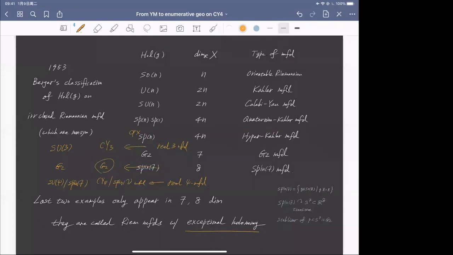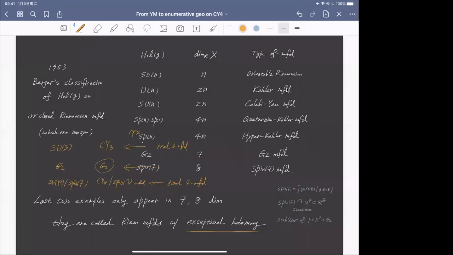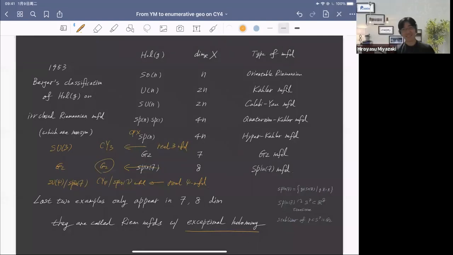So this is some analogy or complexification. The G2 case is a completely new phenomenon in the complex case, compared to the real case.